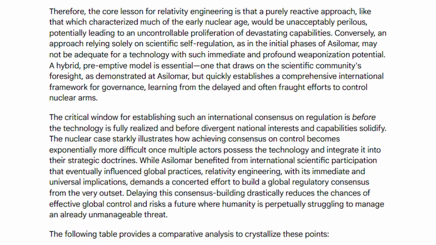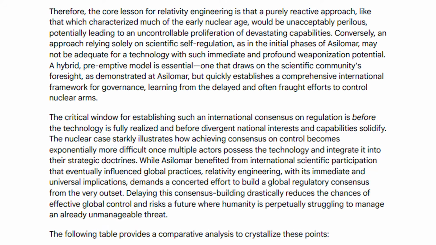The critical window for establishing such an international consensus on regulation is before the technology is fully realized, before divergent national interests and capabilities solidify. The nuclear case starkly illustrates how achieving consensus on control becomes exponentially more difficult once multiple actors possess the technology and integrate it into their strategic doctrines.